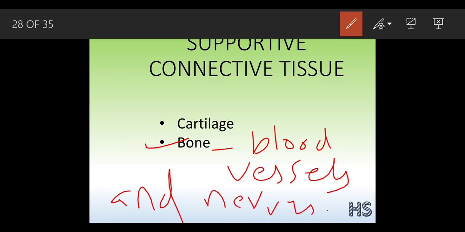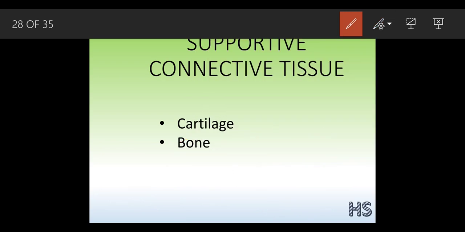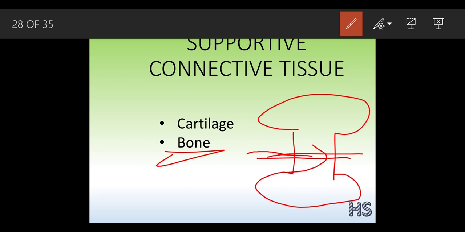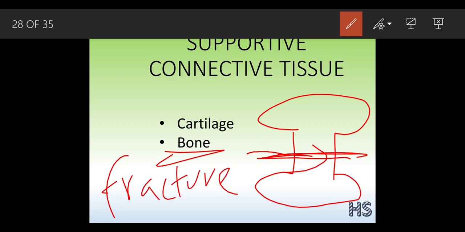So what is the difference between these parts? Suppose this is a bone. Whenever there is a breakage in the bone, we call that condition a fracture. Whenever we get hurt on our bones and they crack, it causes a tremendous amount of pain.